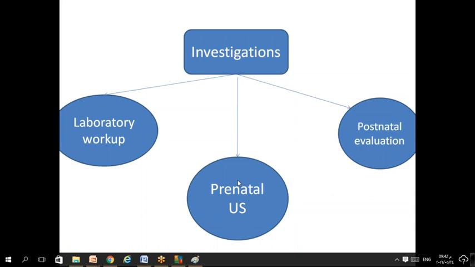Fetal anemia can cause heart failure. Maternal anemia, fetal anemia. It can be a part of or associated with hydrops. So if it's associated with hydrops, you will do all the things that can be done in hydropic cases.